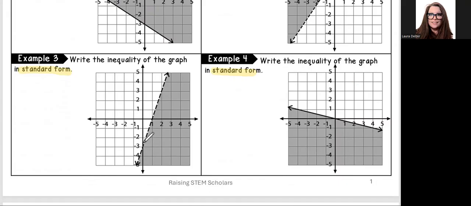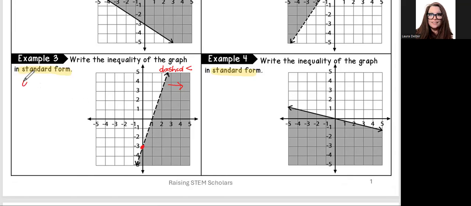So we notice right away that this is going to be a dashed line. We notice that it's shading this away. Because it's shading on the underside, it can only be a less than symbol. Okay. My y-intercept is here.